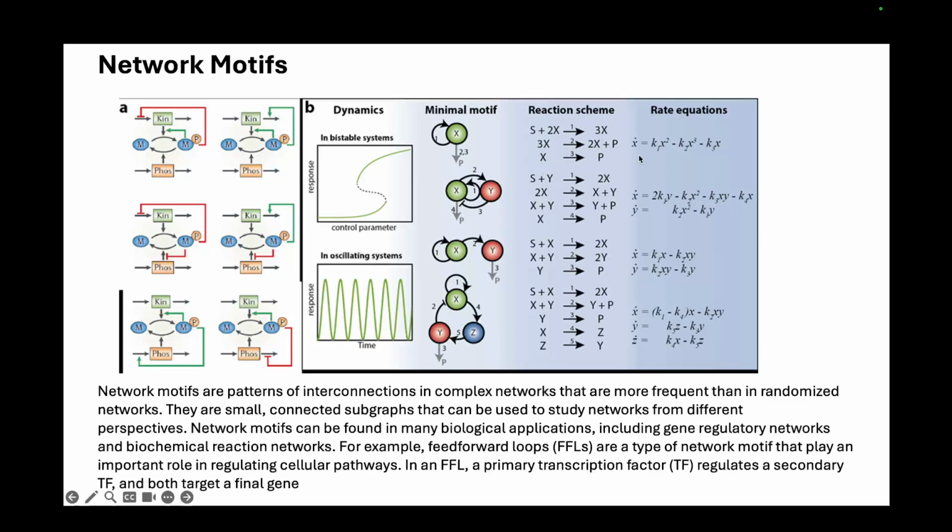You write down the reactions and, using Michaelis-Menten law, you model these equations, and what you get is basically a bifurcation plot. So this is your parameter and this is your X or M or whatever you're plotting.